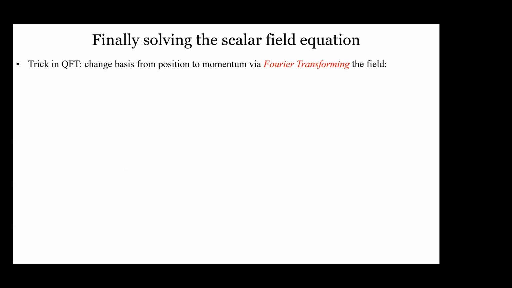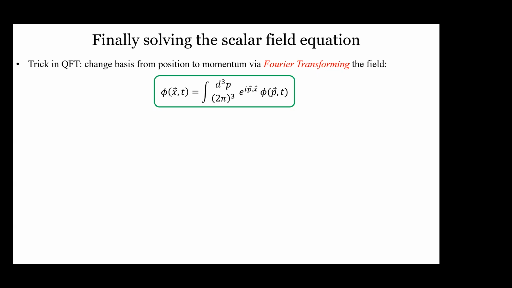To go between the two descriptions, you use what we call the Fourier transform. That's defined as follows. So phi of x, t, in the spatial basis, you take it to the momentum basis through this definition. This is nothing but the Fourier transform. This is pretty important, so you should write it down somewhere.